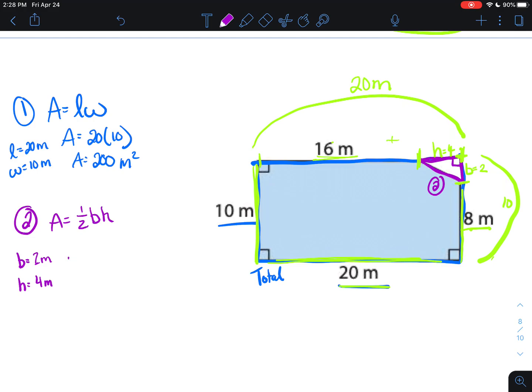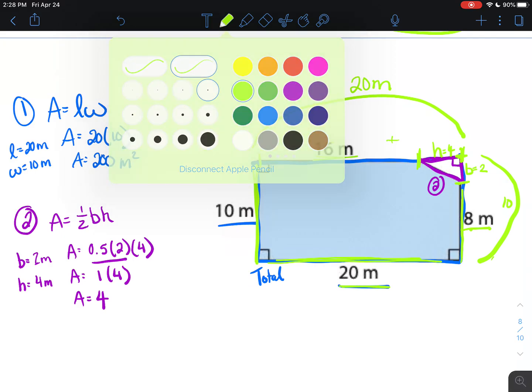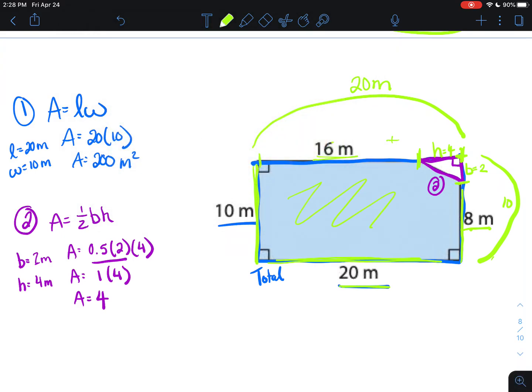So I'm going to plug in my base and my height to figure out the area of the triangle. So 1/2 is 0.5 times 2 times 4. 0.5 times 2 is 1. 1 times 4 is 4. So now we have to figure out just the area of the blue shaded part.